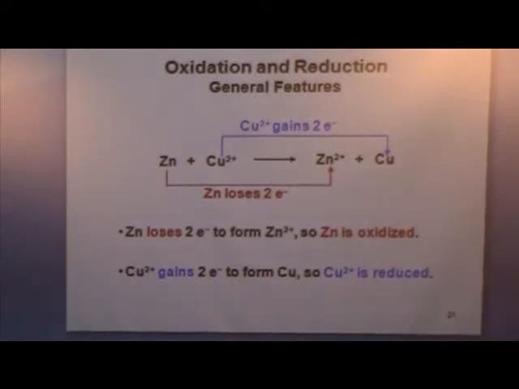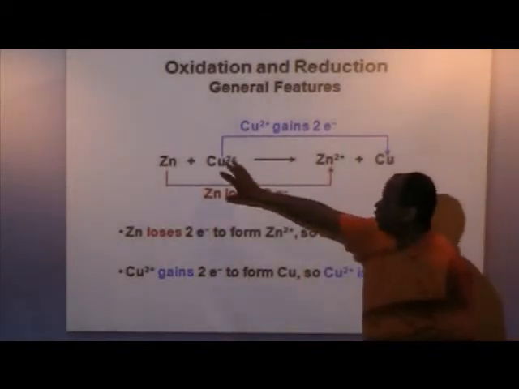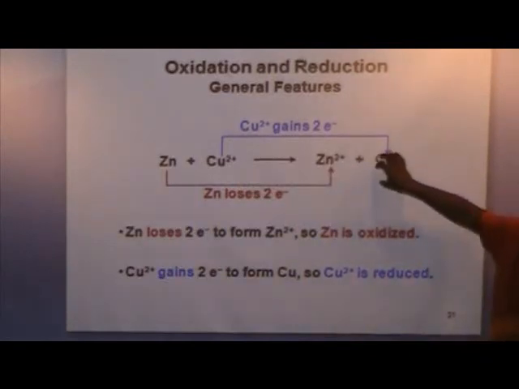And the whole process is called redox reaction. Redox means oxidation and reduction. So the zinc metal disappears, but it is in the solution. And copper was in the solution, and now copper is out of the solution.